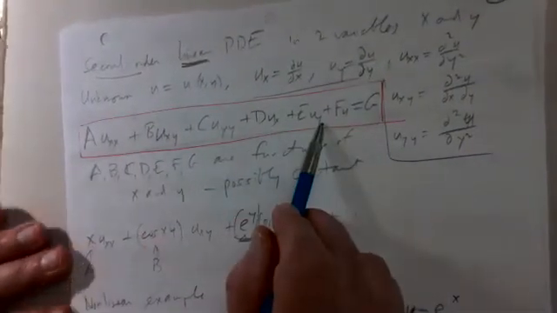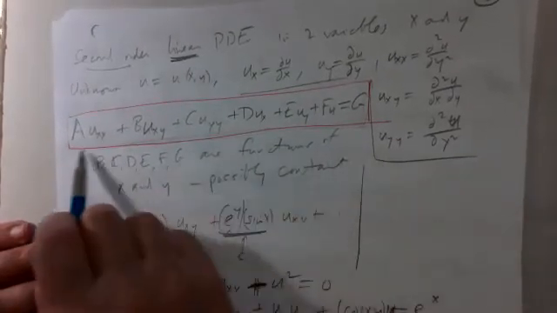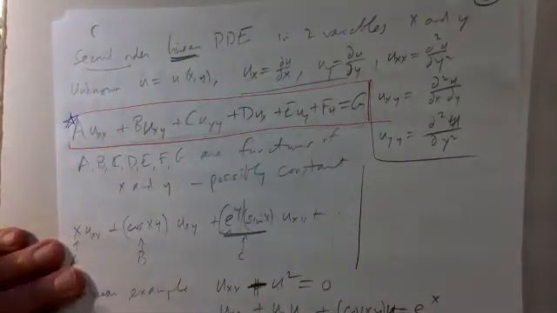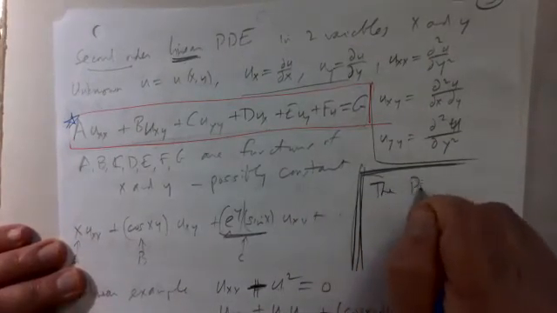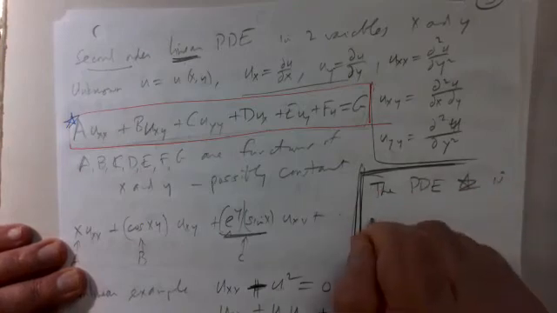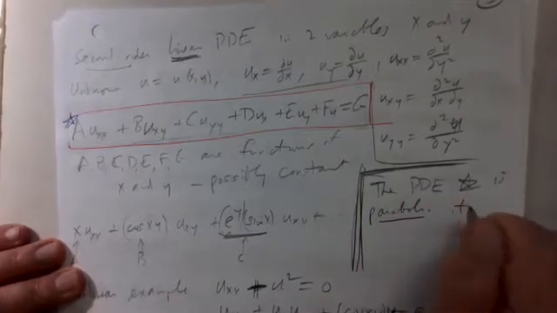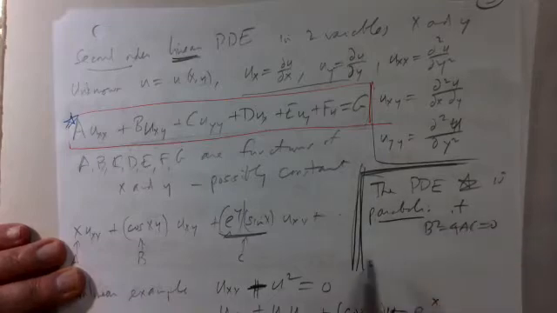Let's go back. Here's the second order linear partial differential equation. We call this equation, let me give it a little name, I'll call it star. The PDE star is parabolic if b squared minus 4ac is 0.